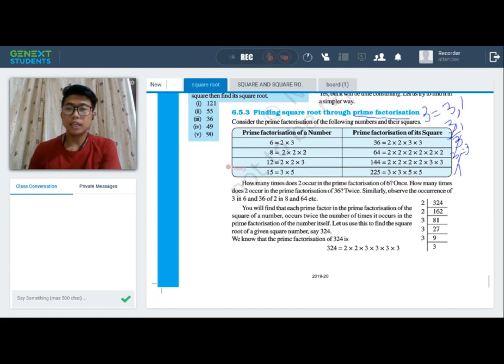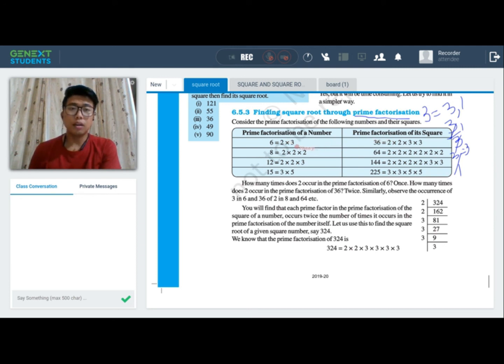Here you see a table in your book where they have divided it into 2 columns. The first one says prime factorization of a number. In the second column, they say prime factorization of its square. So they take 6. 6 is expressed in factors of 2 and 3.